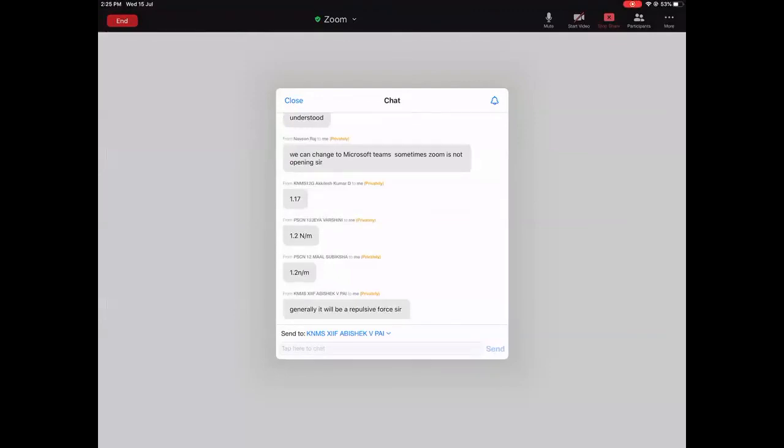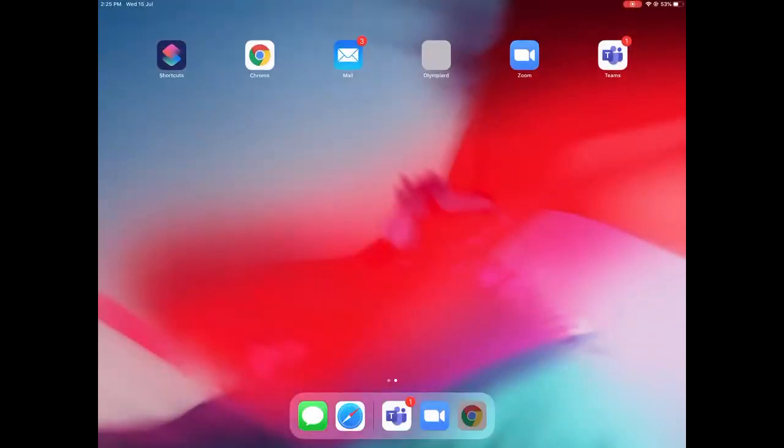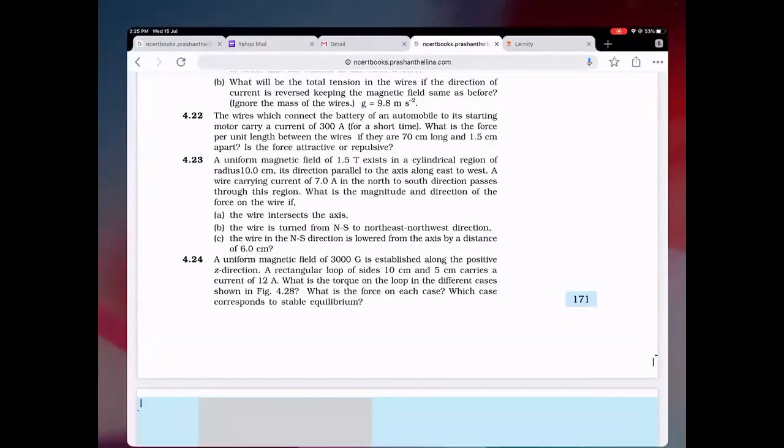Yeah, because they are opposite currents, it will be a repulsive force. Like, parallel currents attract, anti-parallel currents repel. So you can just find out. Okay, so 22 is done.